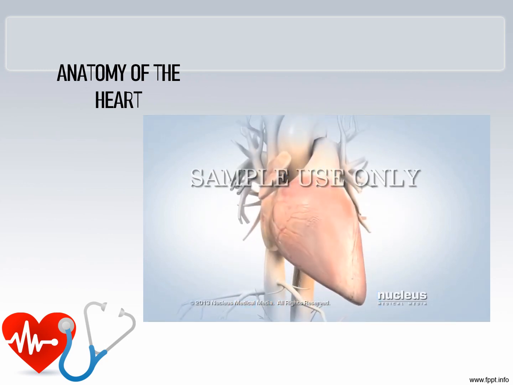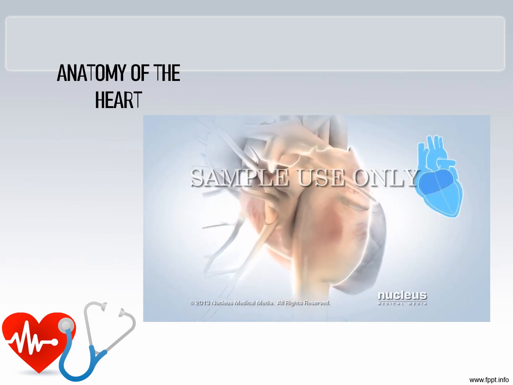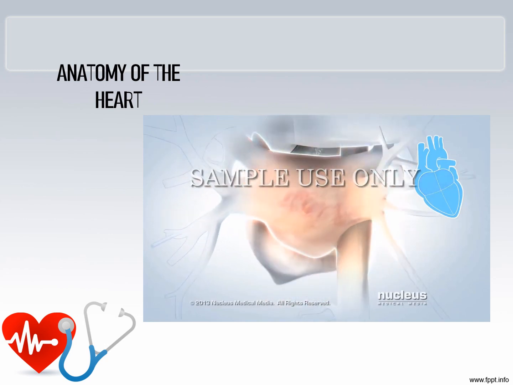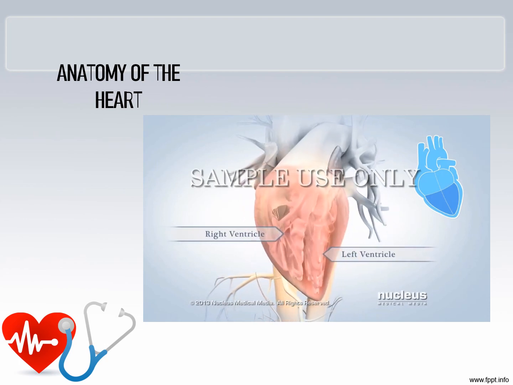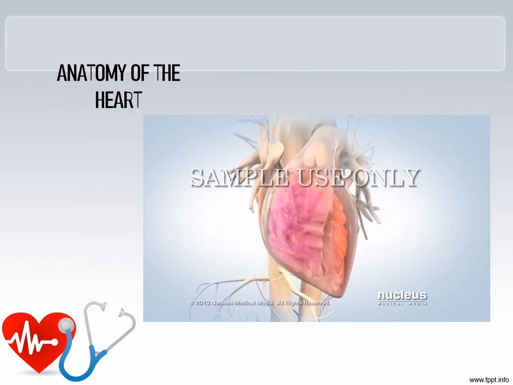Your heart has 4 chambers. 2 upper chambers, called the left and right atria, and 2 lower chambers, called the left and right ventricles, contract in a steady rhythm known as your heartbeat.